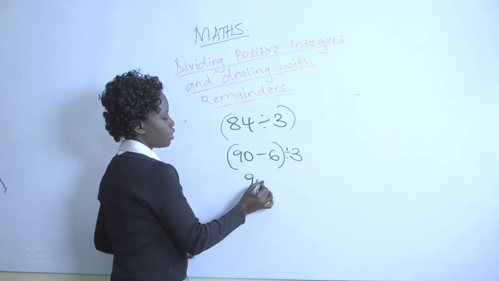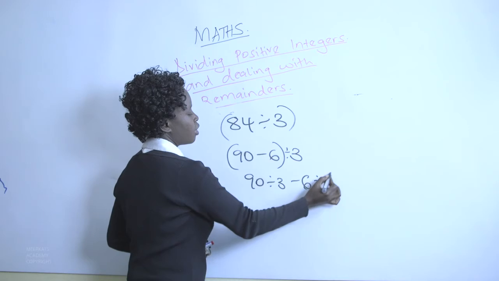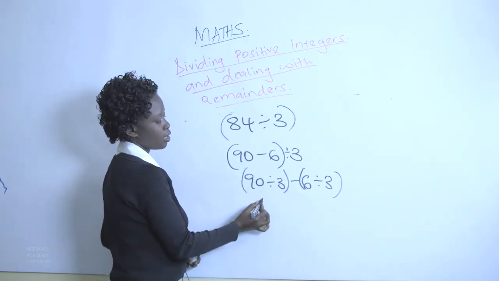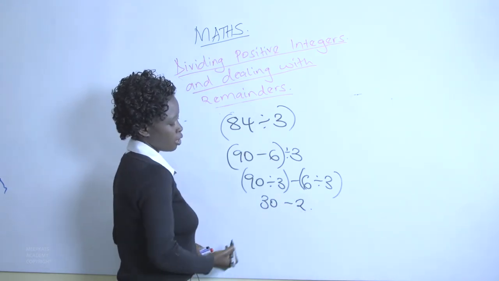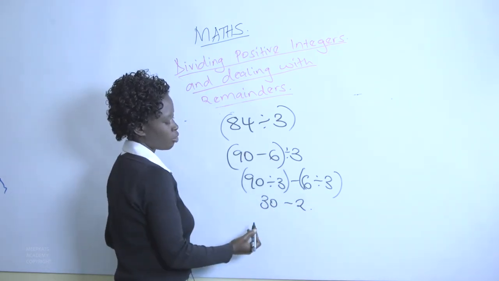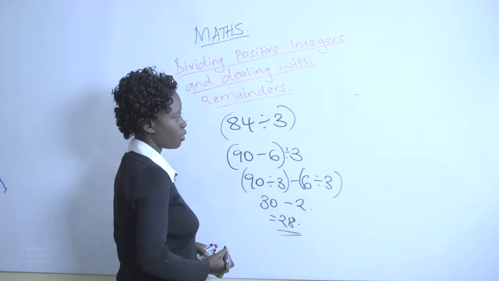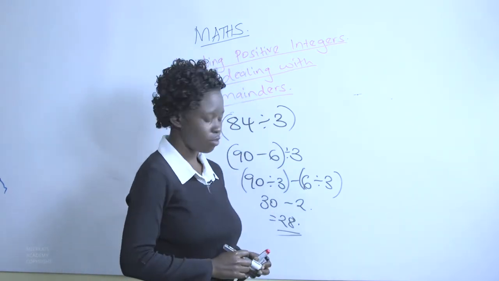So that is 90 divided by 3, then minus 6 divided by 3. So I work them out. 90 divided by 3 is simply 30, and 6 divided by 3 is 2. Then 30 minus 2 gives me 28. So that is by the distributive method of division.